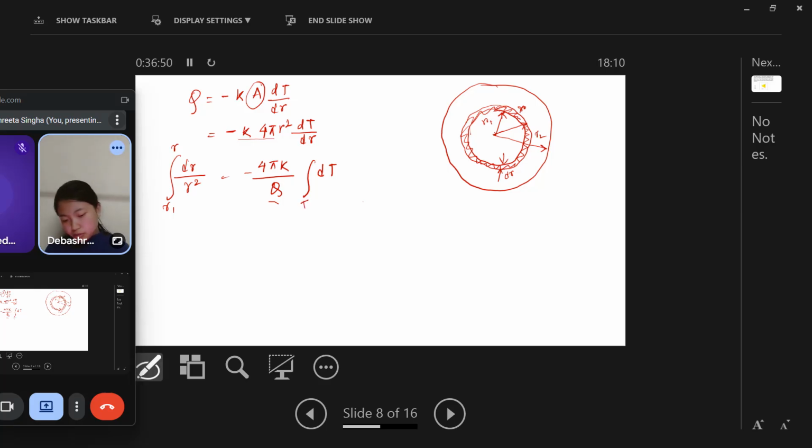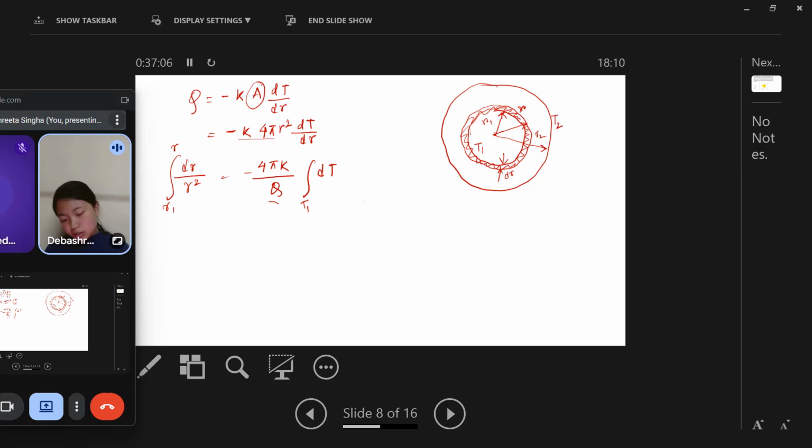Suppose at r1 the temperature is T1 and the outside surface temperature of the sphere is T2.